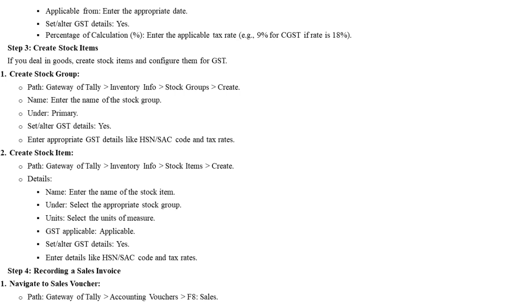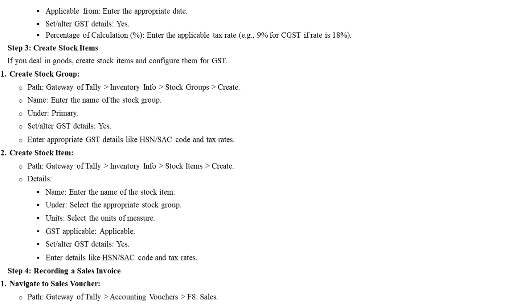Create stock item. Path: Gateway of Tally, Inventory Info, Stock Items, Create. Details: name, enter the name of the stock item. Under: select the appropriate stock group. Units: select the units of measure. GST applicable: applicable. Set/alter GST details: yes. Enter tax rates.